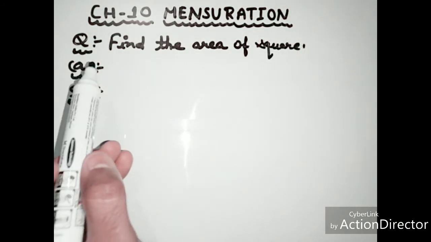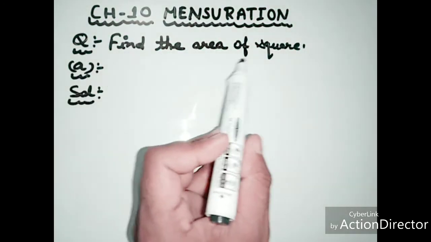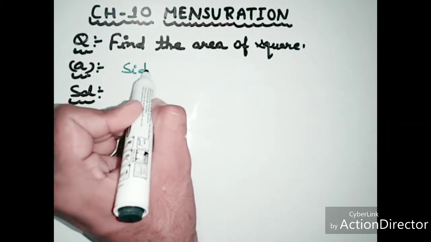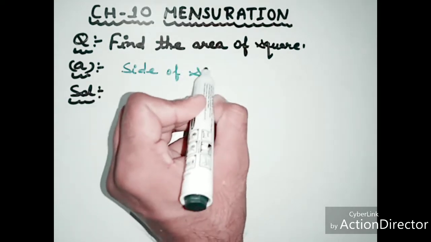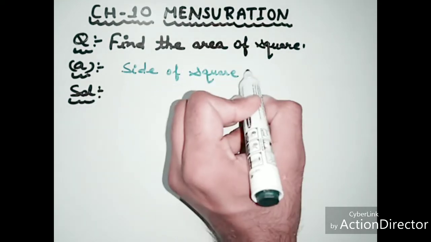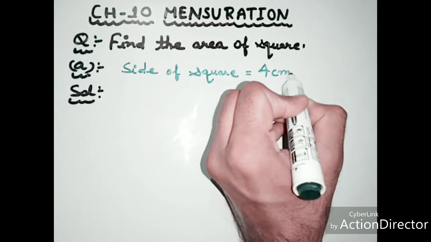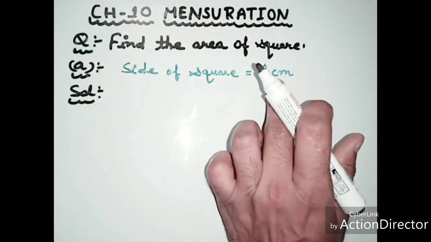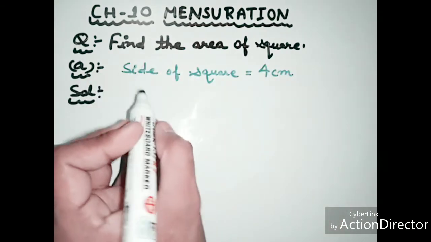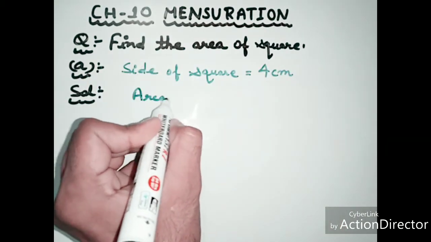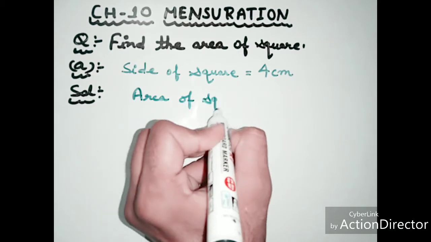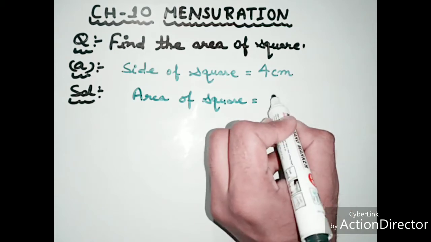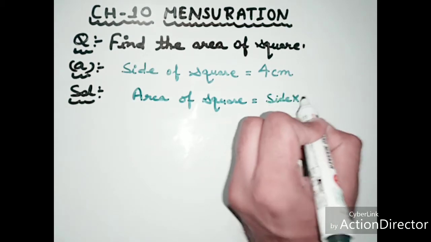Now the next example, find the area of a square. Example number A, side of a square is 4 centimeter. Here one side of the square is 4 centimeter, and the formula for the area of a square equals side into side.